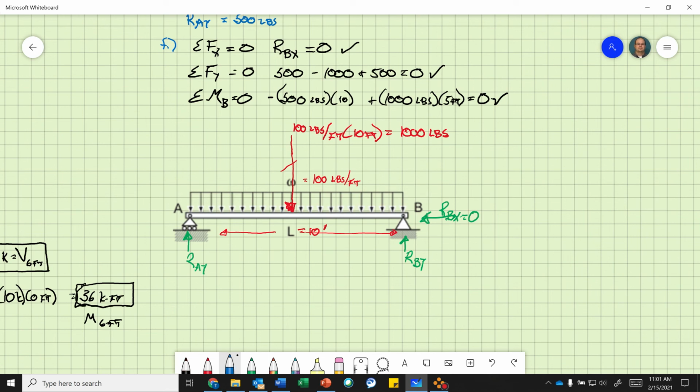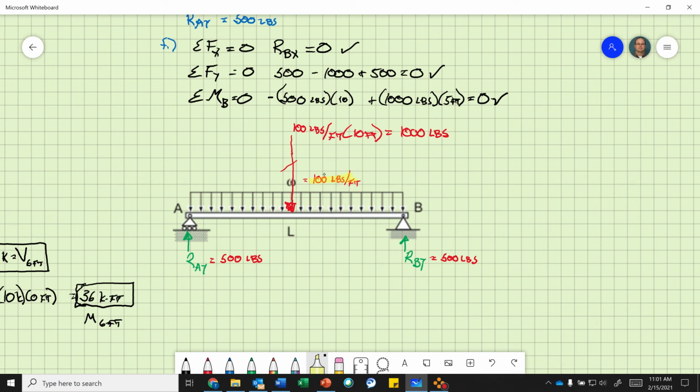Let's clean this up a little bit. We know this is 0, so we don't need to show that. So this equals 500 pounds. The reaction at point B in the y direction equals 500 pounds. And we know this is 100 pounds per foot.